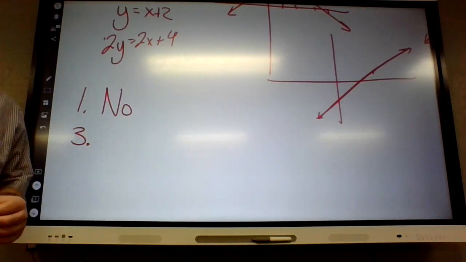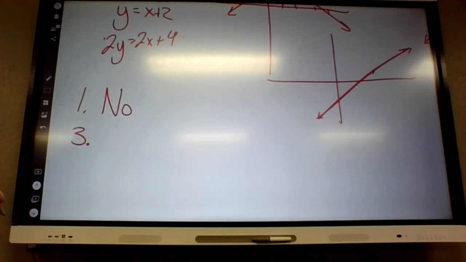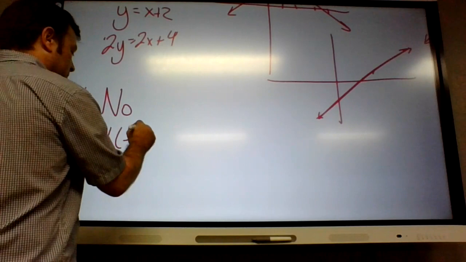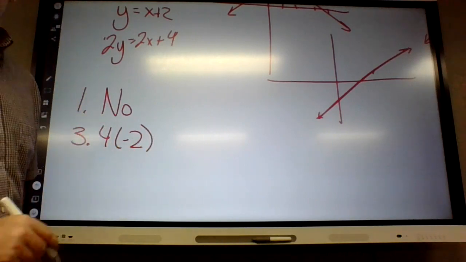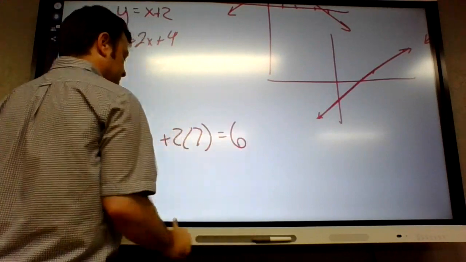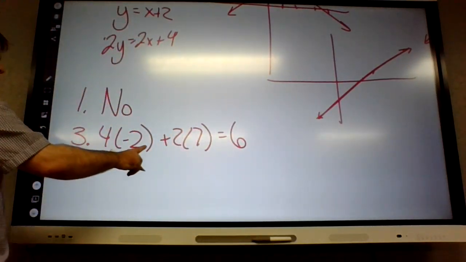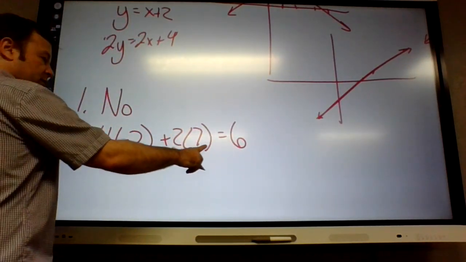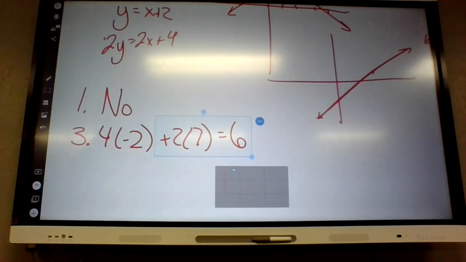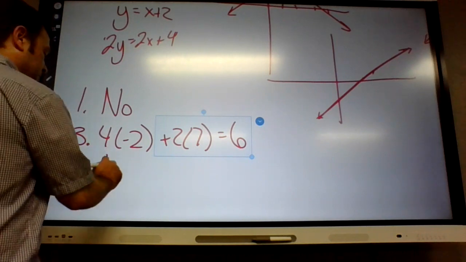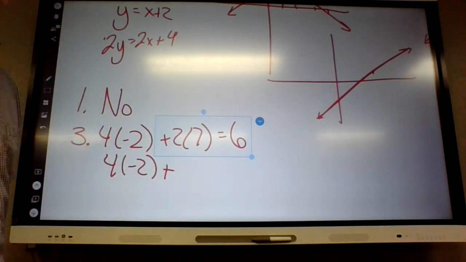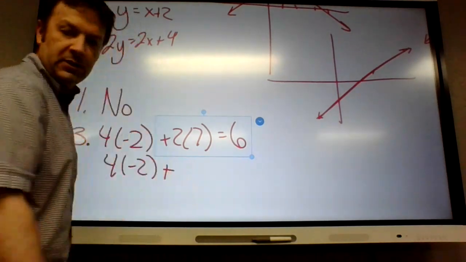Okay, on number 3, we have to plug in negative 2 for x and 7 for y. So does 4 times negative 2 plus 2 times 7 equal 6? Does negative 8 plus 14 equal 6? Yes. Or no, I looked at the wrong line.